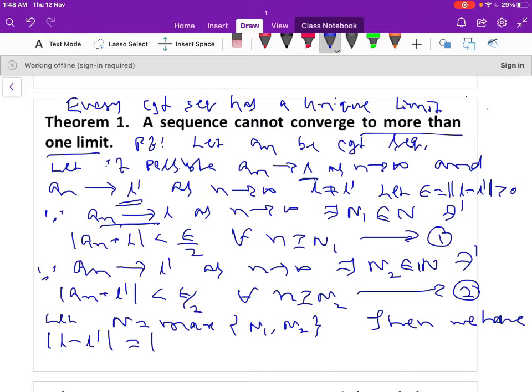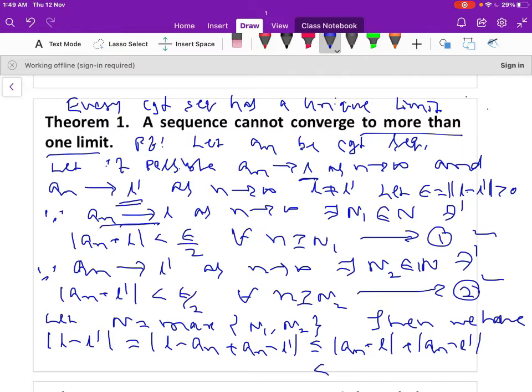So the modulus of L minus L dash can be written as the modulus of L minus a_N plus a_N minus L dash, adding and subtracting a_N. By using the triangle inequality, this is less than or equal to the modulus of a_N minus L plus the modulus of a_N minus L dash.